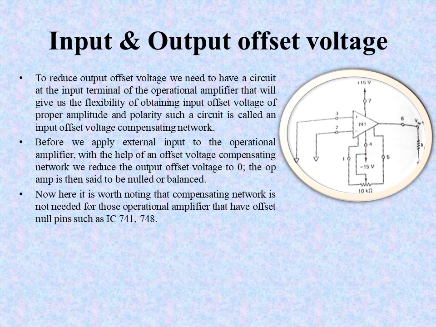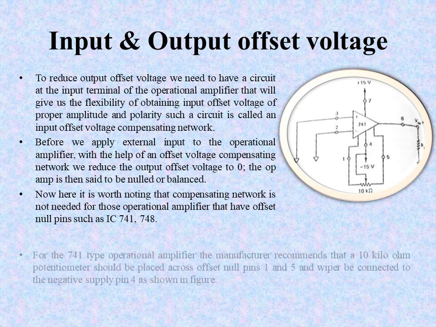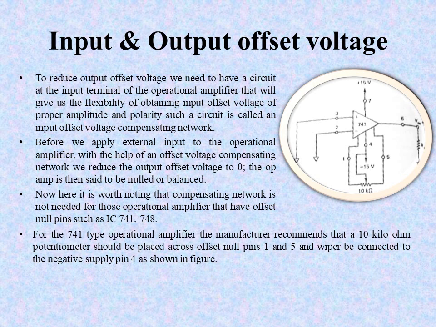For the 741 type op amp, the manufacturer recommends that a 10 kilo ohm potentiometer should be placed across offset null pins 1 and 5, and the wiper be connected. Wiper, what do you mean by wiper? That movable pin. The wiper is connected to the negative supply pin as shown in the figure.